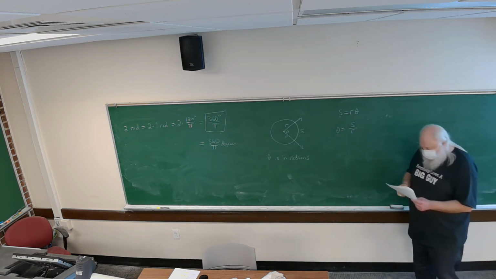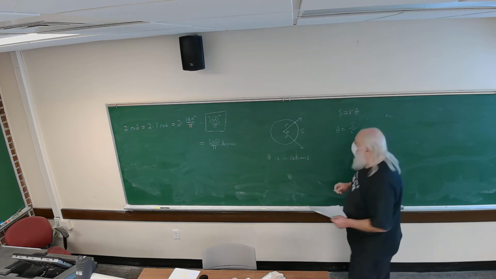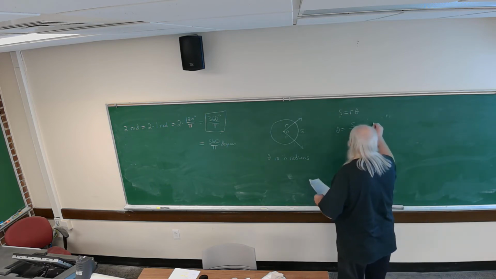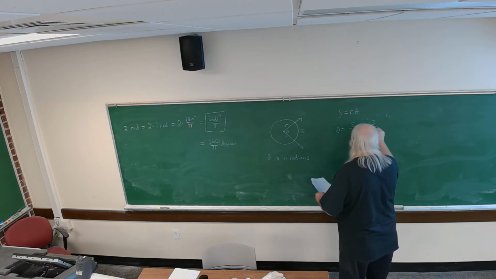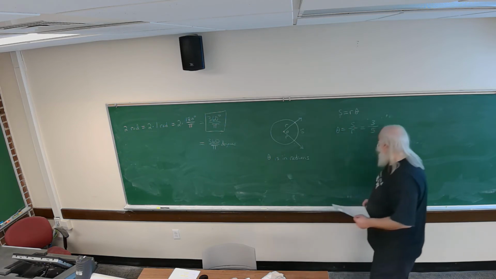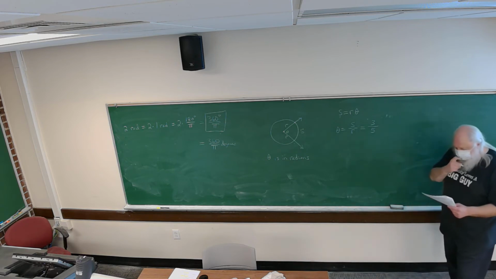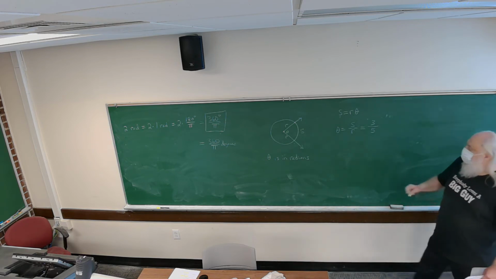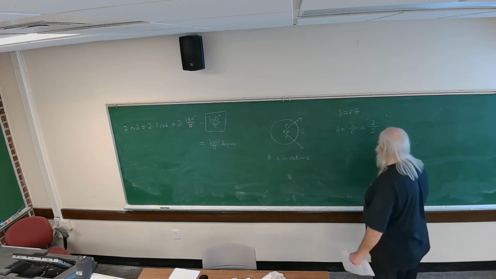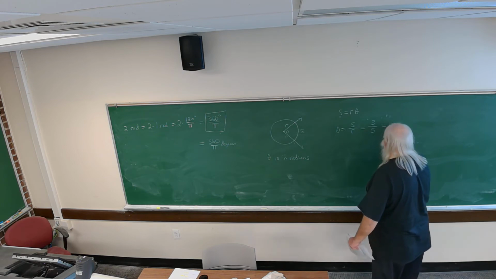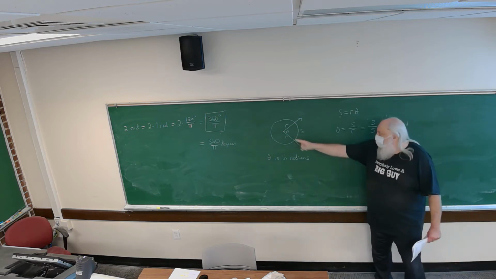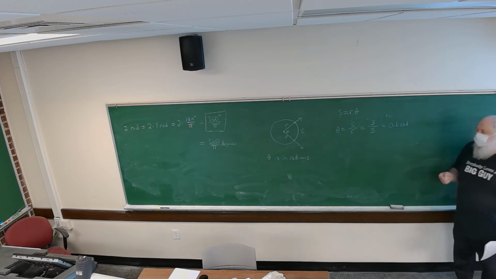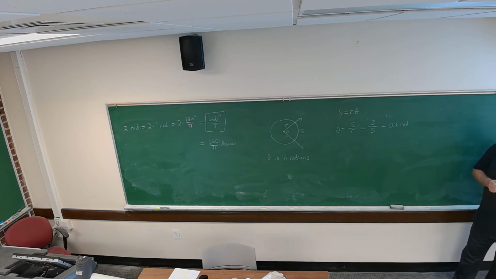Well, the length of the arc is 3 centimeters, and the radius of the circle is 5 centimeters. And so this angle theta in radians is equal to 0.6. So theta is equal to 0.6 radians in this problem.